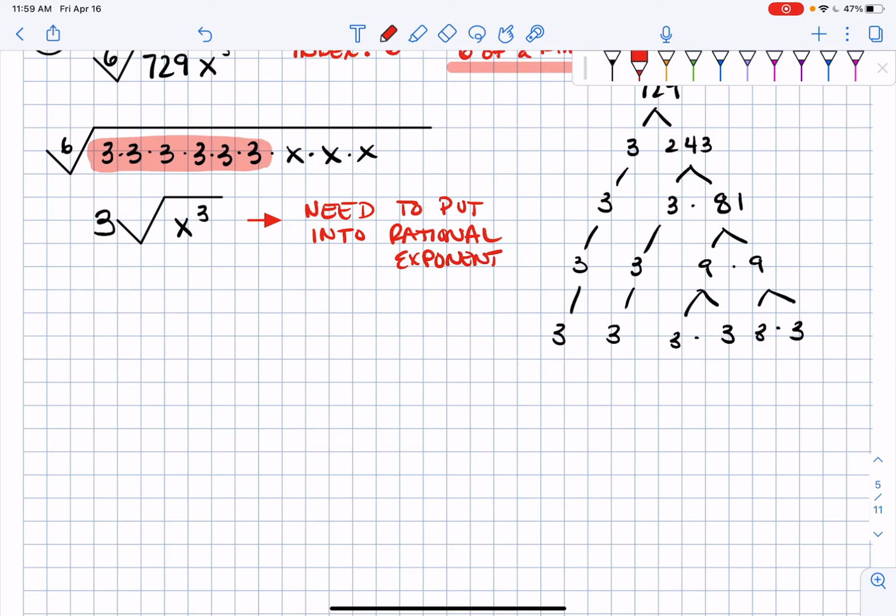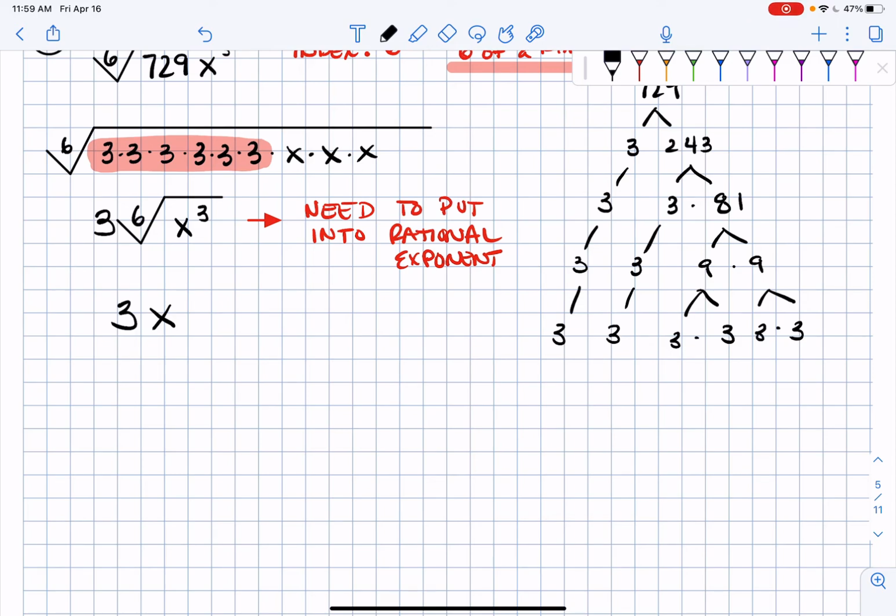Okay? So the 3 is fine. The x is the base. But what is the square root? I'm sorry, the 6th root of x cubed. All right, so remember we did this with the sunshine and the grass and the roots, right?